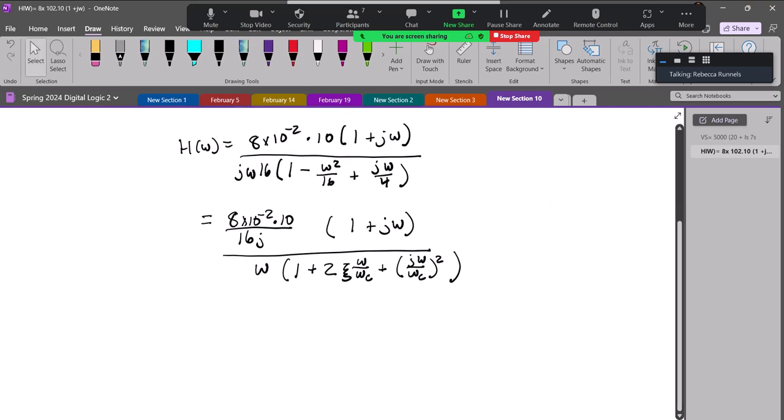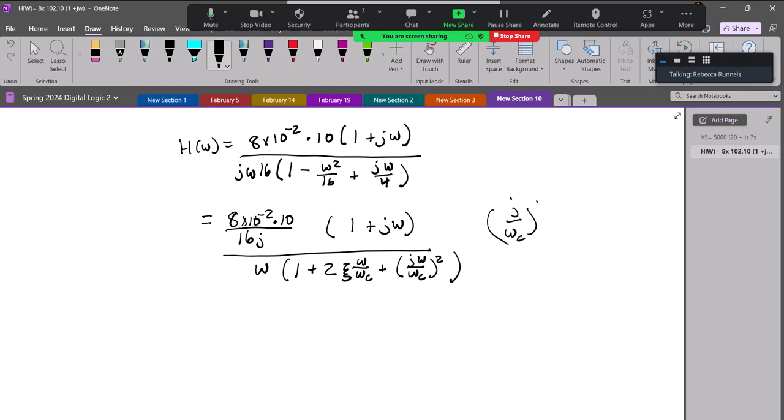So now we have to figure out, if that's the case, what is omega c and what is xi? So it's easy to see that if j omega over omega c squared has to equal negative omega squared over 16, then omega c has to be 4. So we've got that, using this term.